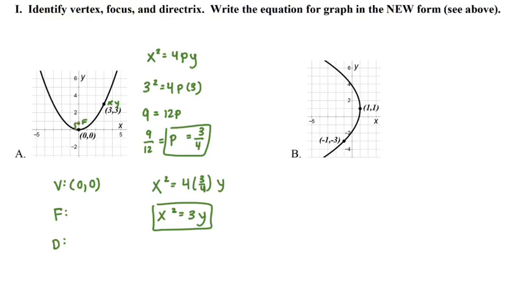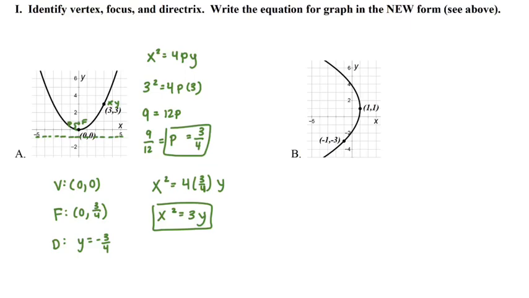We move p units to get to the focal point, so the focus is going to be (0, 3/4). Last thing, the directrix: if we moved up 3/4 to get to the focal point, we're going to move down 3/4 to get to the directrix. As we see, I just graphed that. That's going to be the horizontal line y is equal to -3/4.